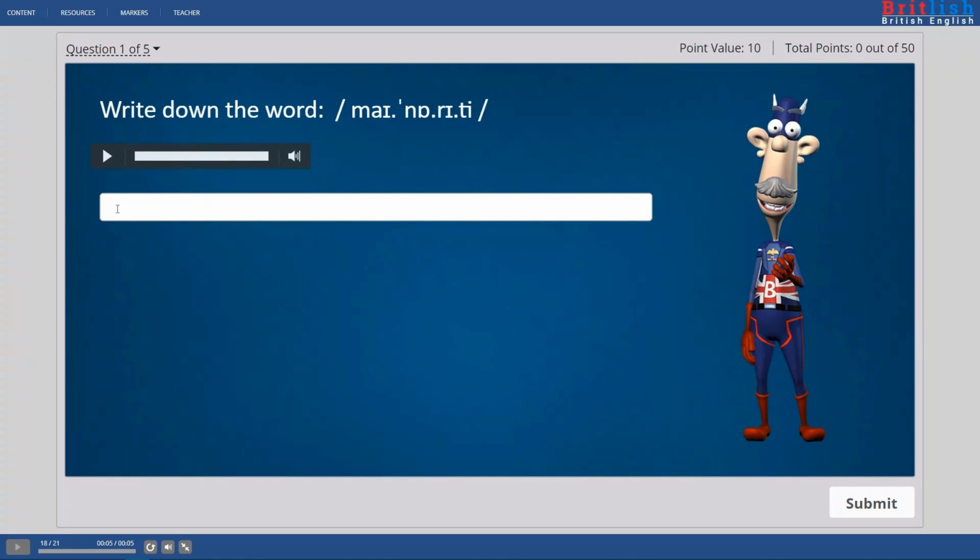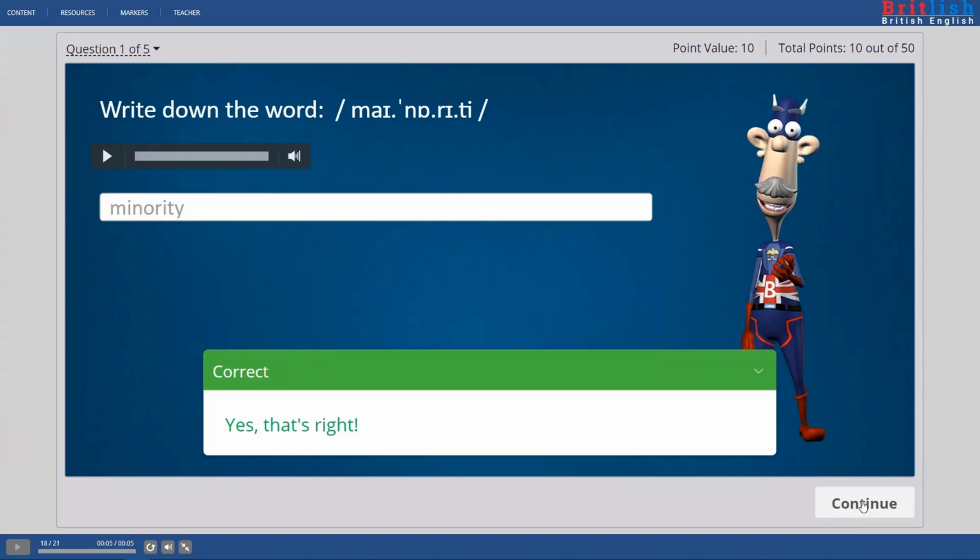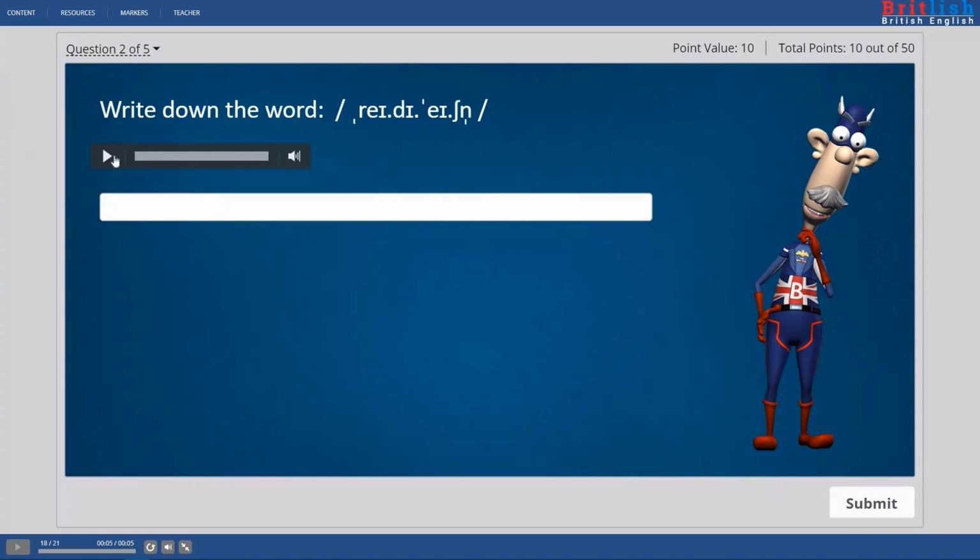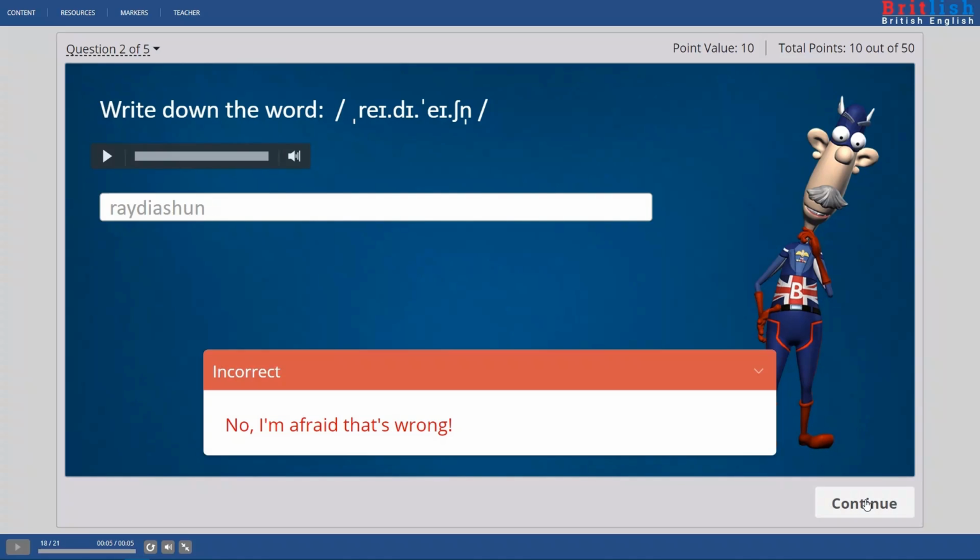Minority. Yes, that's right. Radiation. No, I'm afraid that's wrong.